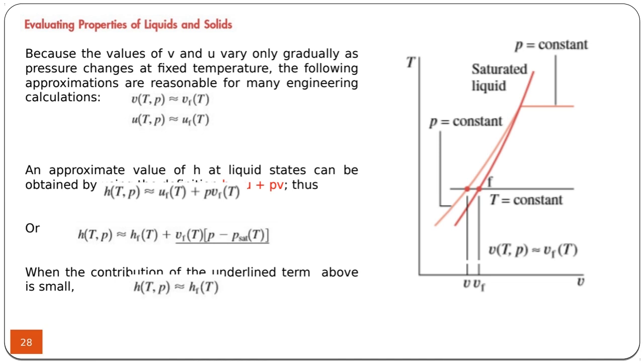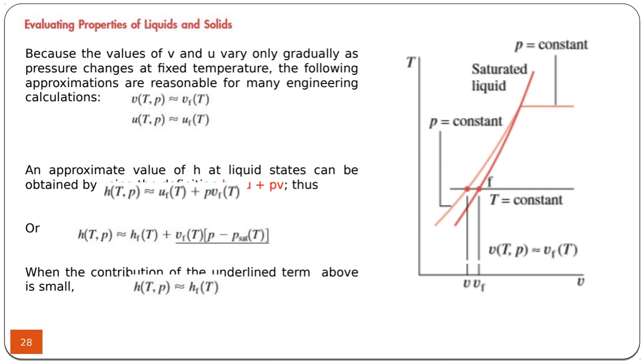So up to now, we have learned how to find the properties in the mixing zone, in the saturated line, and also in the superheated region. How about the properties in compressed liquid?